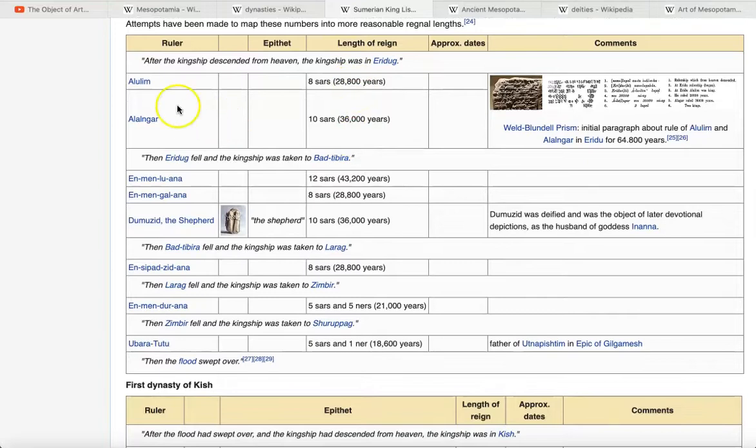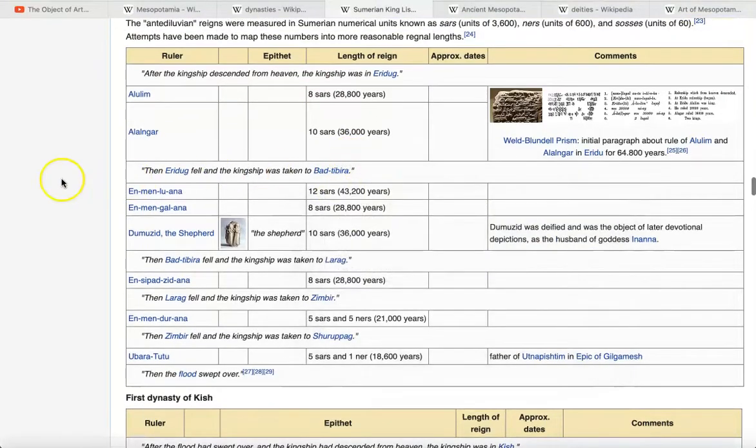28,800 years for this one, Alulim, and 36,000 years for Alalngar. Okay, so this is measured in sars, S-A-R-S, and you have to look at this to find out what sars are.